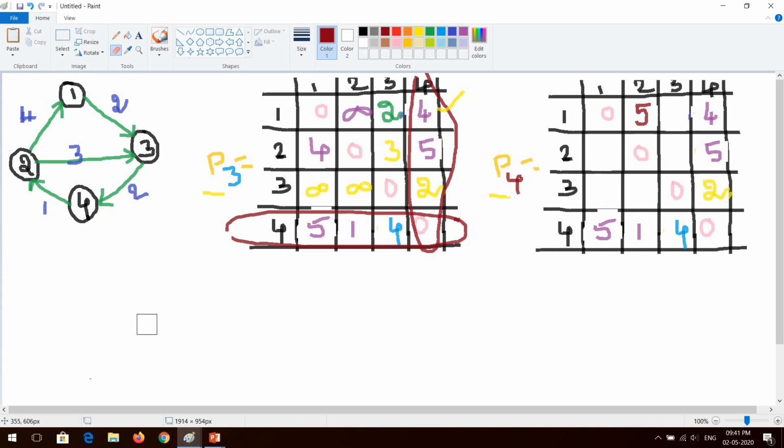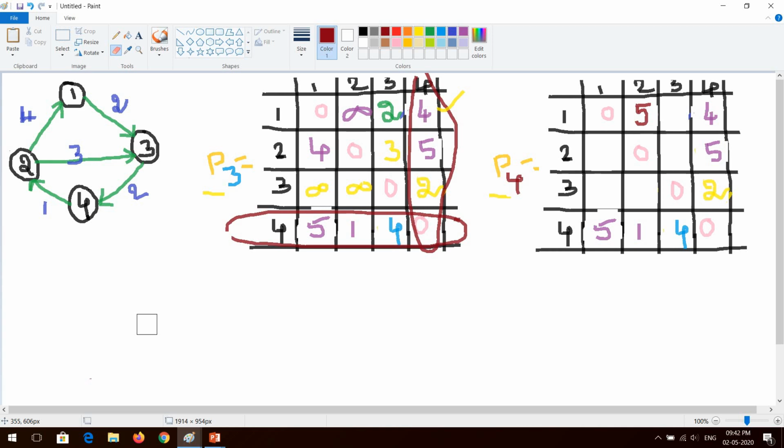If I am traversing with 2 as intermediate vertex, I can consider 1 and 2 both as intermediate vertices. Simply, if it is P1, the only intermediate vertex is 1. If it is P2, we can consider both vertex 1 and vertex 2. Whatever the combination minimum or individual minimum, ultimately we have to consider the shortest value.